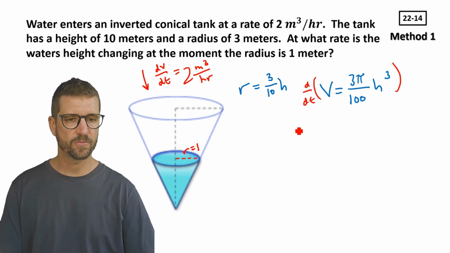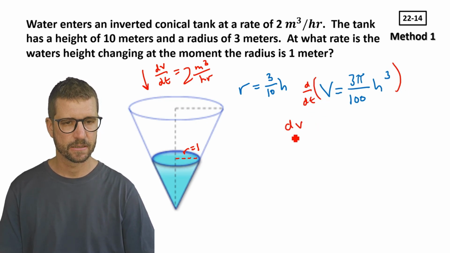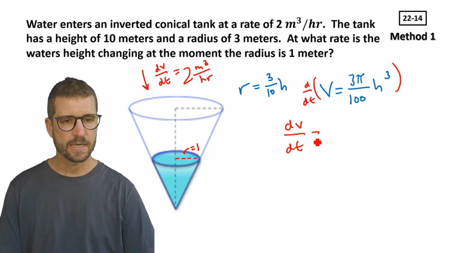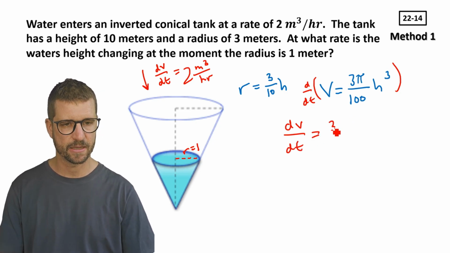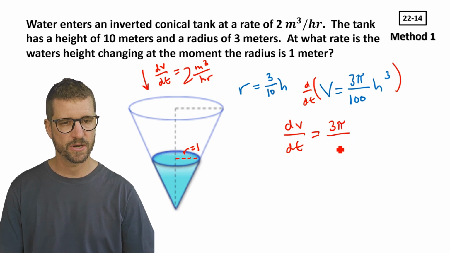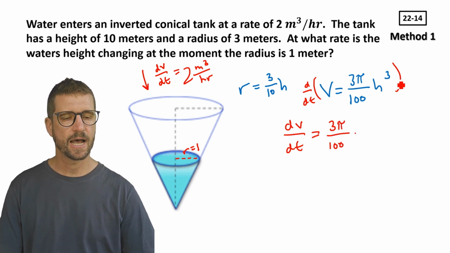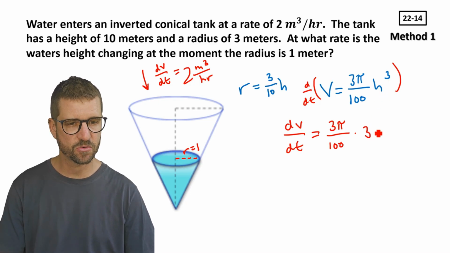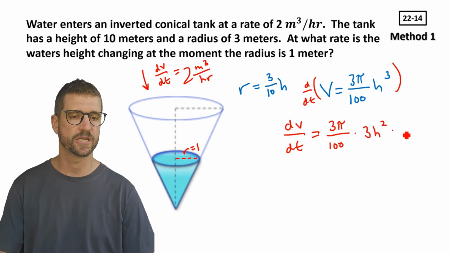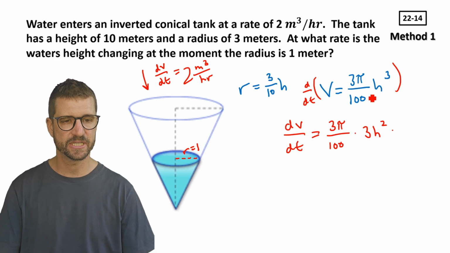And when we do that, we're going to get dV/dt equals, well, 3 pi over 100 is just a constant, so we'll just write that. 3 pi over 100 times the derivative of h cubed is 3h squared, but then, of course, we need to differentiate implicitly.